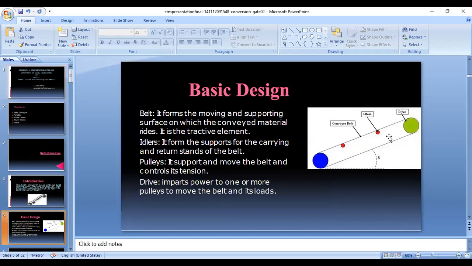These are the idlers, where the belt conveyors are to be supported, and these idlers can carry the carry and return strands of the belt and pulleys. It supports and moves the belt and controls its tension, drives and imparts power to one or more pulleys to move the belt and its loads.